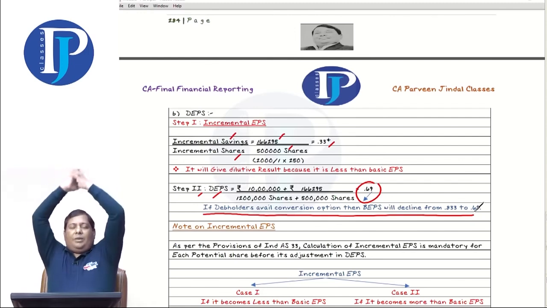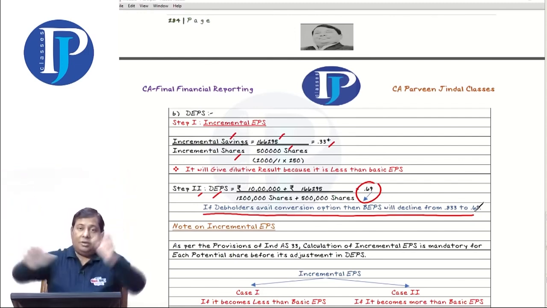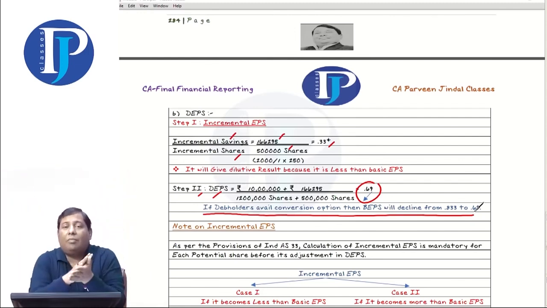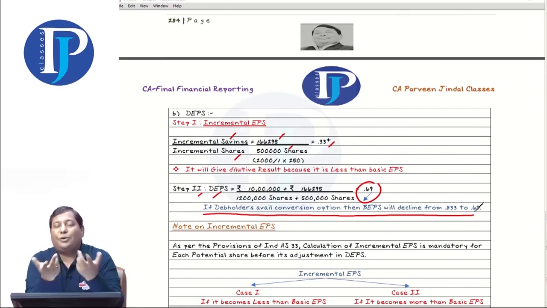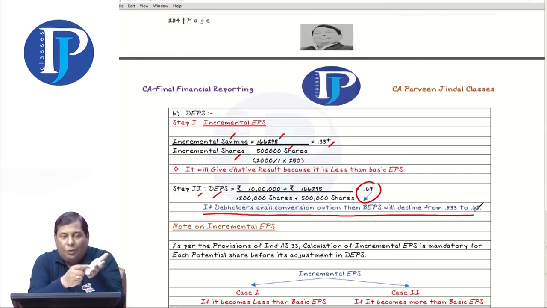Then I told one thing more. You might remember that if the market rate is not given in a question, you don't need to split off into the liability and equity component, as you won't be able to do it without the discounting factor. You get the liability component when you discount the cash outflow at the market rate. We can't find it if there is no market rate.